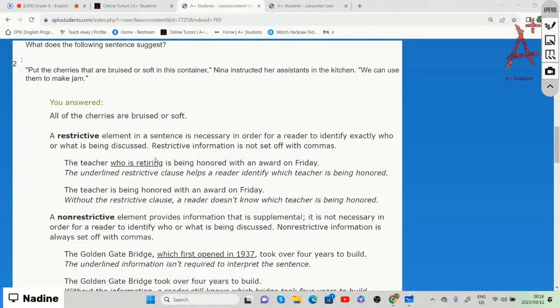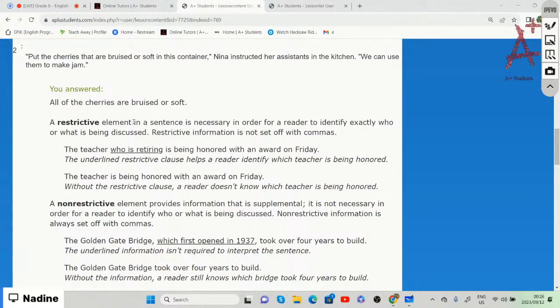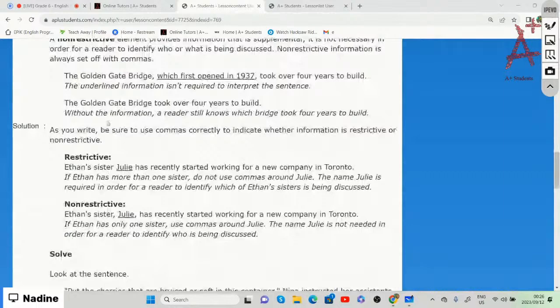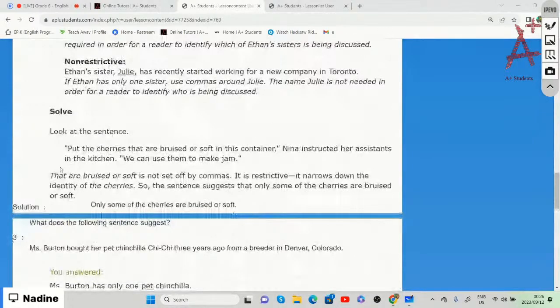Which means that all of the cherries that are bruised or soft, what should we do? We should put them in a container. So all of the cherries that are bruised or soft should be put in a container, because jam is going to be made of that.